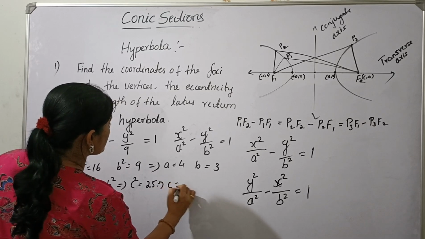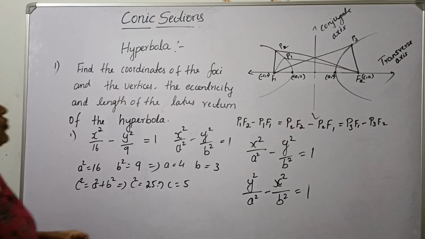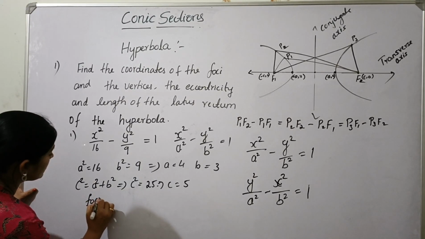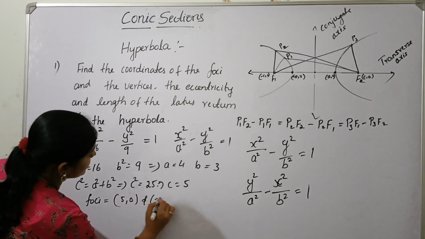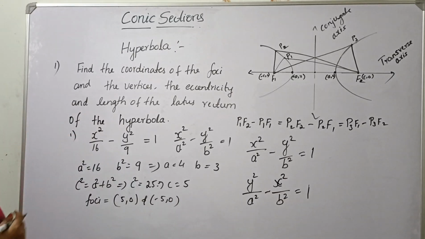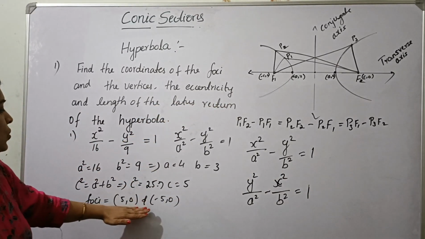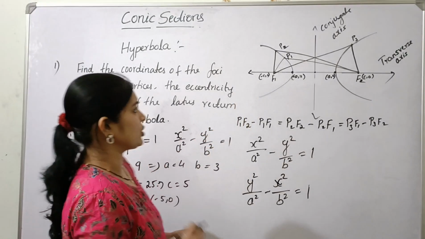So c is equal to 5. Therefore the coordinates of the foci are (5, 0) and (minus 5, 0). Since these foci are lying on the x-axis, the y coordinate is 0.